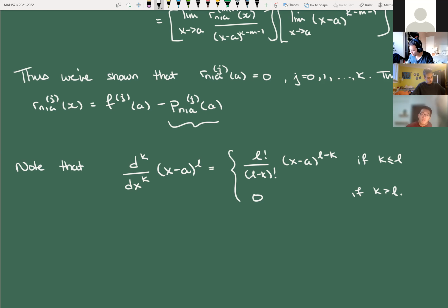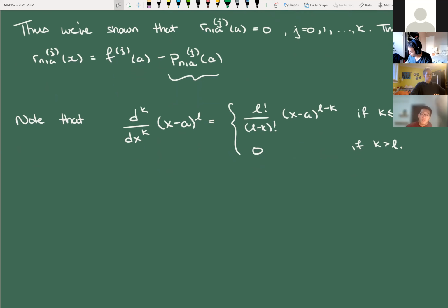And what we can do is we can use this. Maybe I should write it as the jth derivative. Should I write it in terms of the jth derivative? I might just, because we're going to take jth derivatives, and I think I originally wrote my polynomial as being indexed in k.